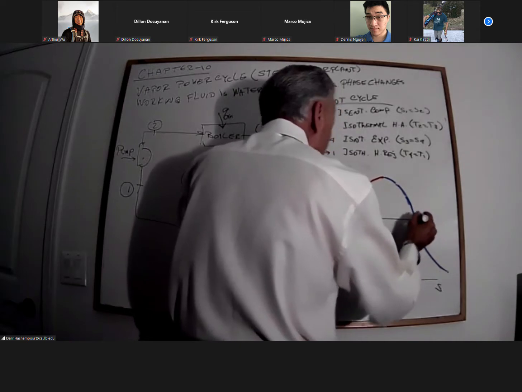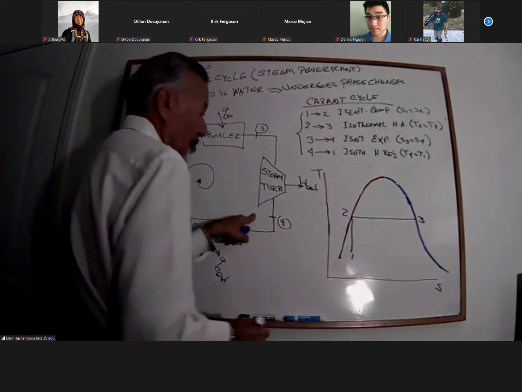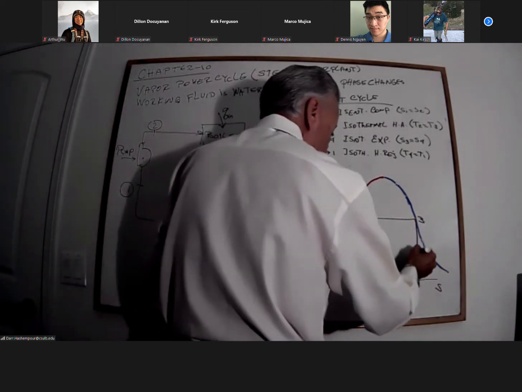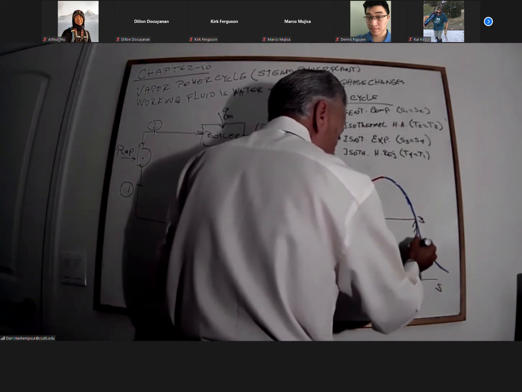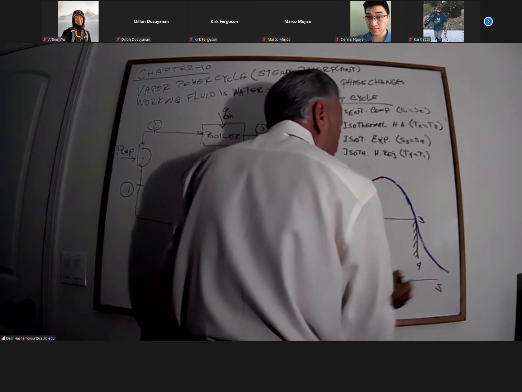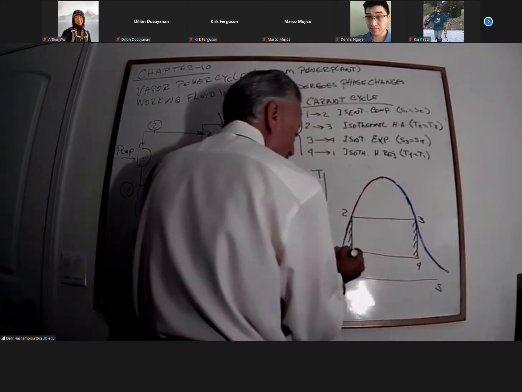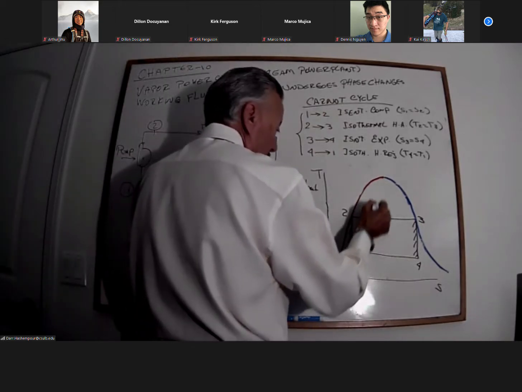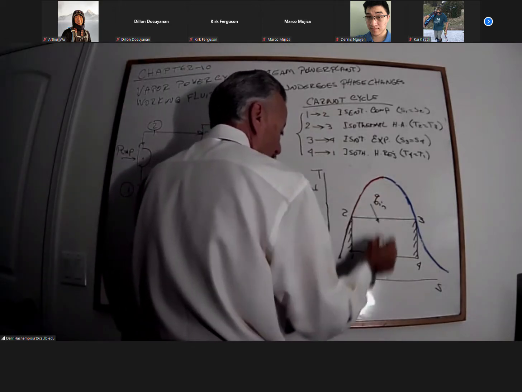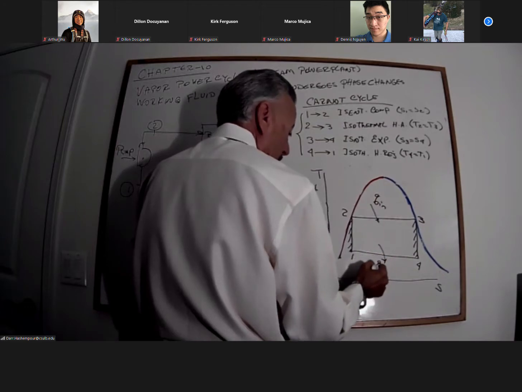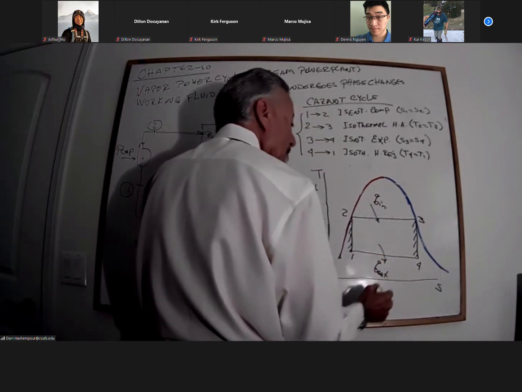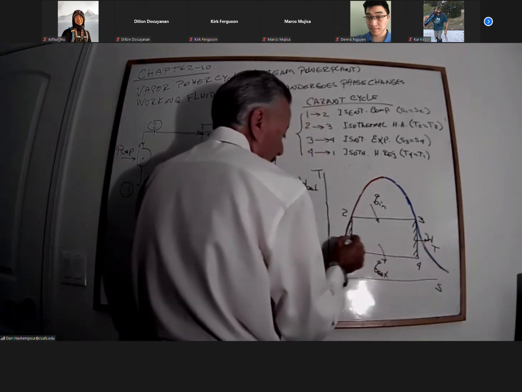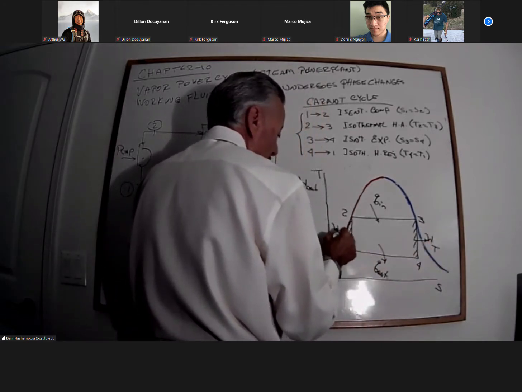From 3 to 4 is isentropic, going down. And then coming back to point 1. So that would be my Q in. This is the Q out. Of course, this is work of the turbine, and this is work of the pump.